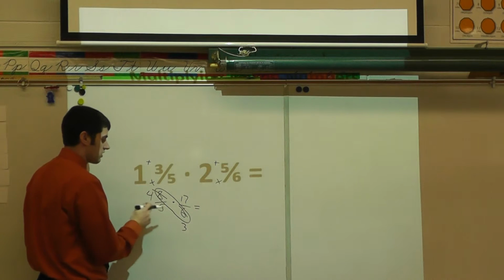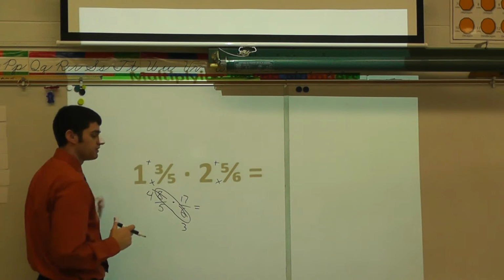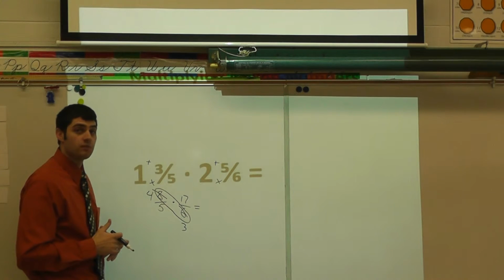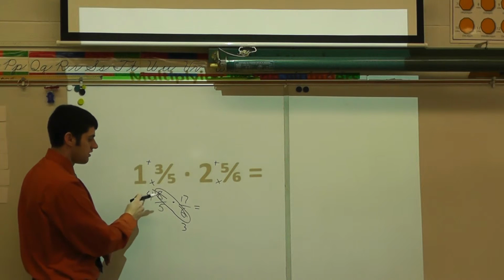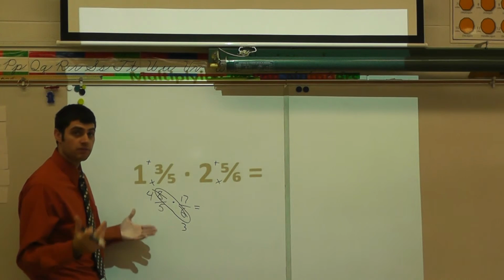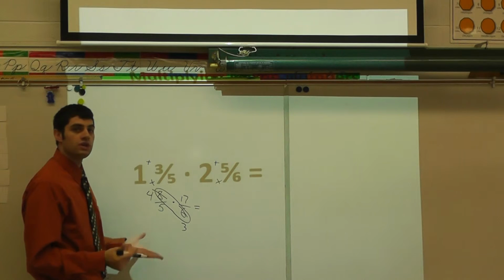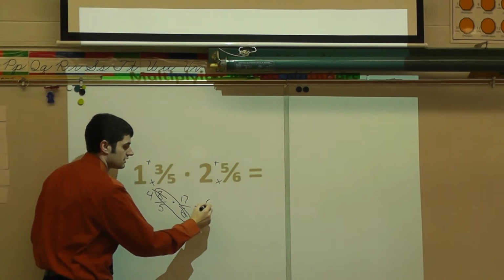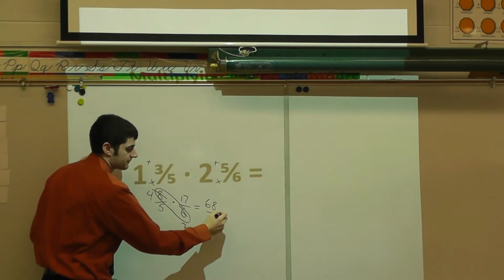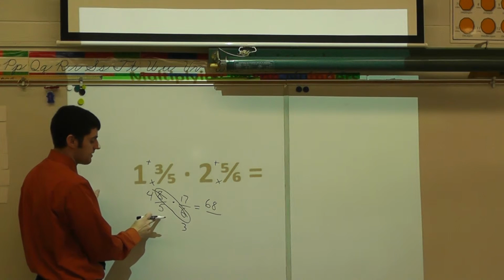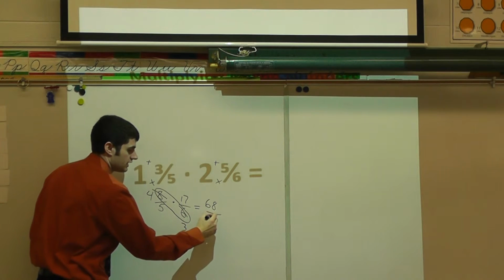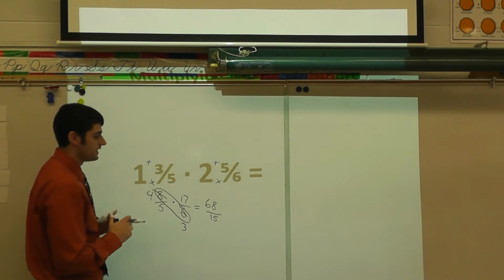Now I can multiply across. 4 times 17, it's kind of a bigger number. Use your mental math. 4 times 10 becomes 40, and 4 times 7 is 28. 28 plus 40 becomes 68. On my denominators, 5 times 3 becomes 15.